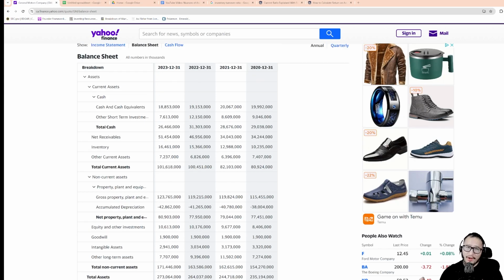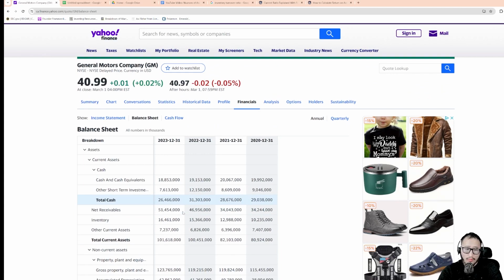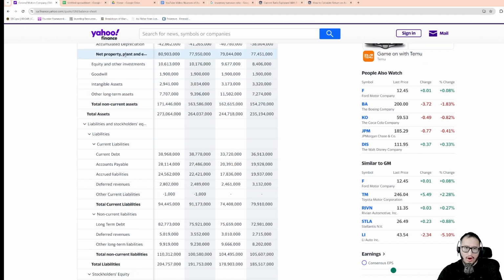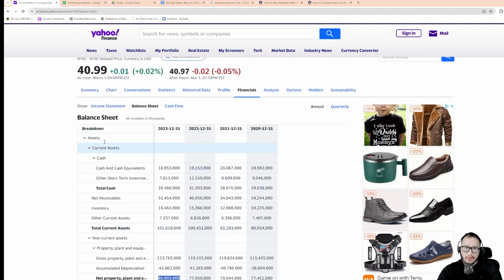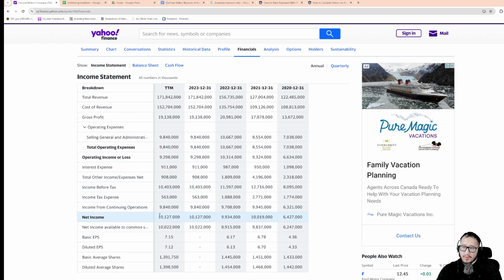Now, let's evaluate the property, plant, and equipment line item for General Motors. You can see here that General Motors has roughly $80 billion in property, plant, and equipment once you subtract depreciation. Relative to how much of its earnings come from that, it's about 10 billion.